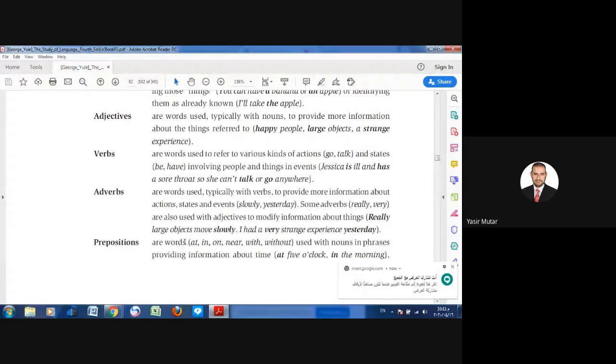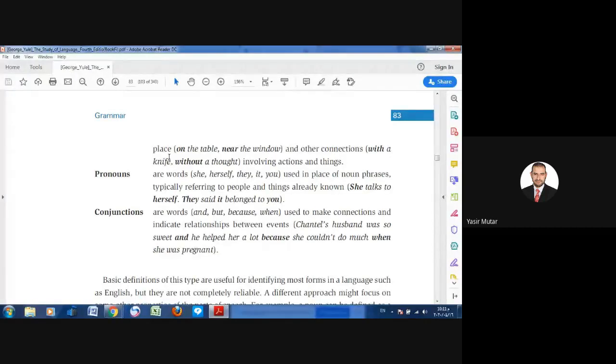Actually, in the English language, we have around 72 prepositions. You know how large this number is? 72 prepositions. It's a large number of prepositions used with nouns and phrases. Yes, they provide information about time, for example, at 5 o'clock or in the morning, or place, on the table, near the window.